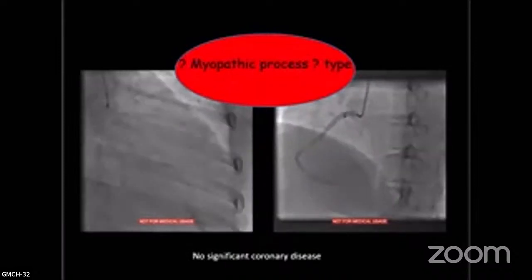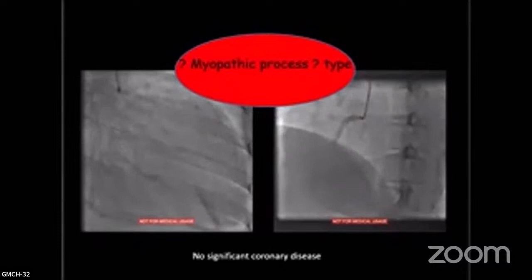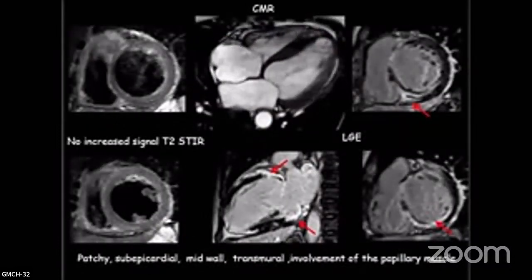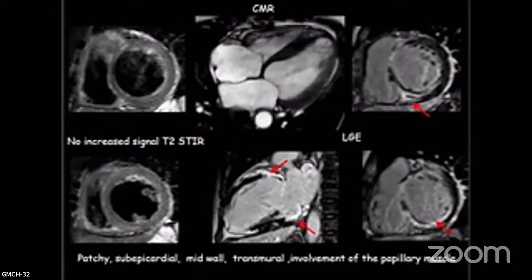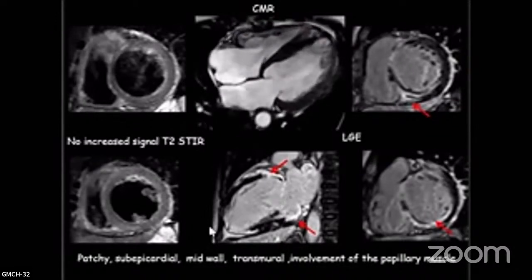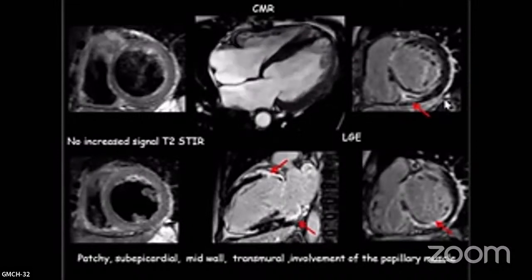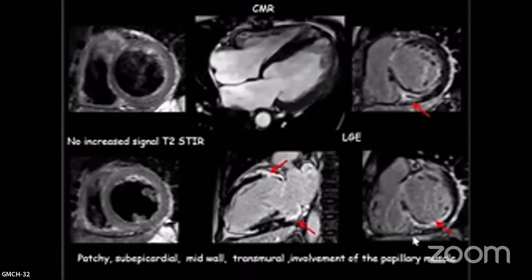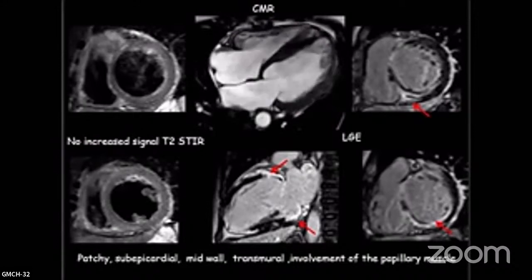So what could be causing her to have a severely impaired ventricle? A CMR scan was performed, and you can see on late gadolinium enhancement there is patchy scar, both subepicardial and subendocardial, almost transmural in places, and there is also involvement of the papillary muscles.